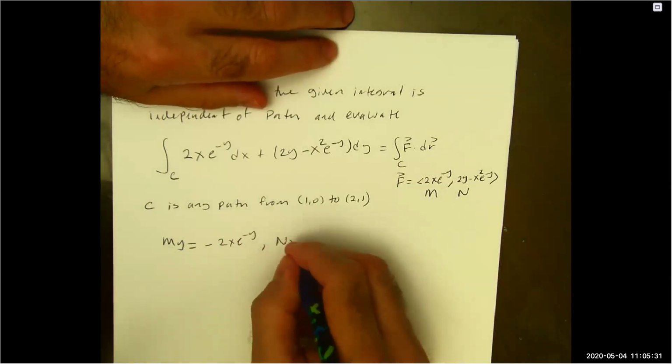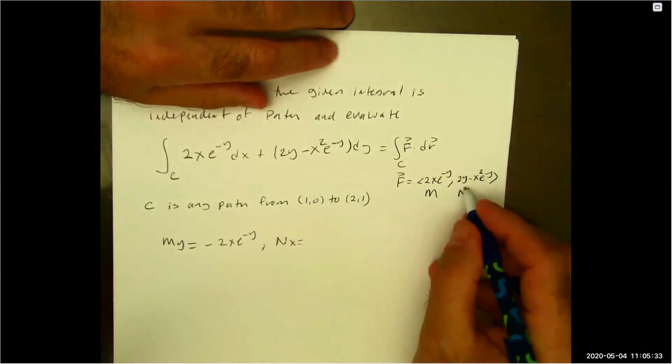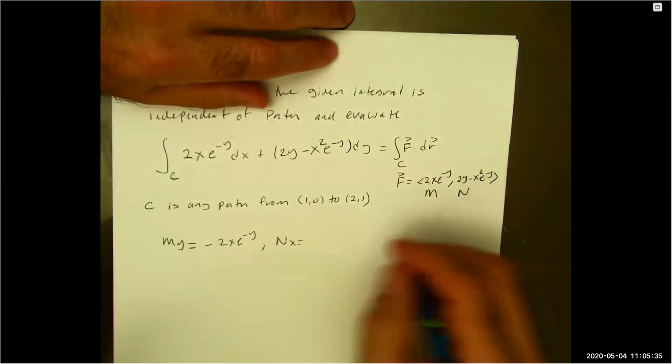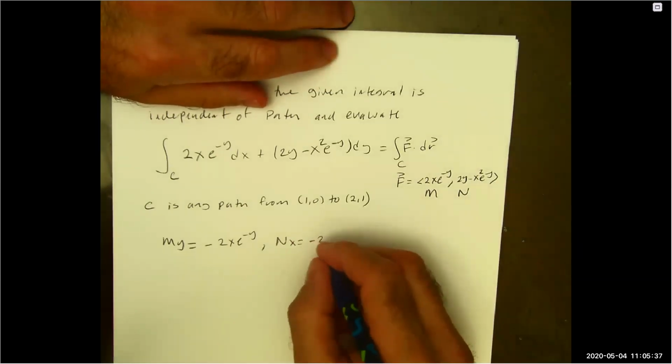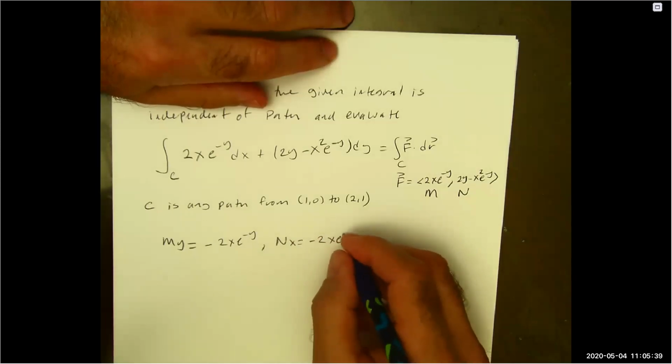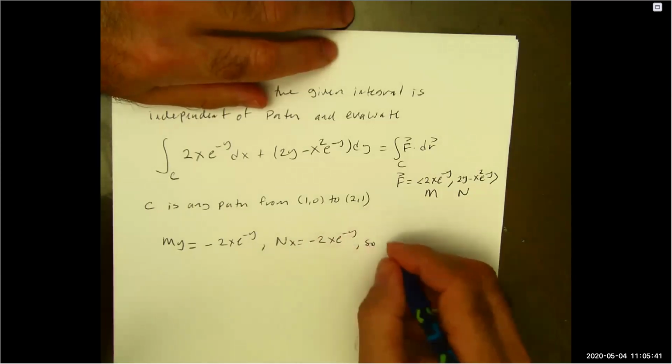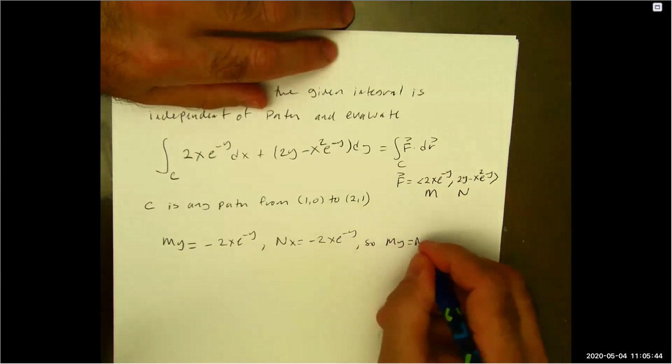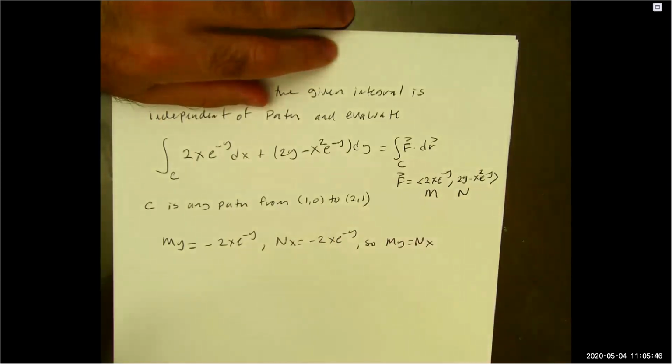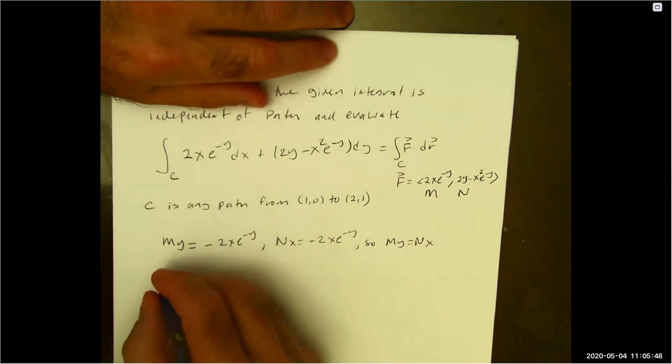And Nx, well, the derivative of the 2y is 0. So we're just going to have minus 2x e to the minus y. So My is equal to Nx. And that means that F is a conservative vector field.